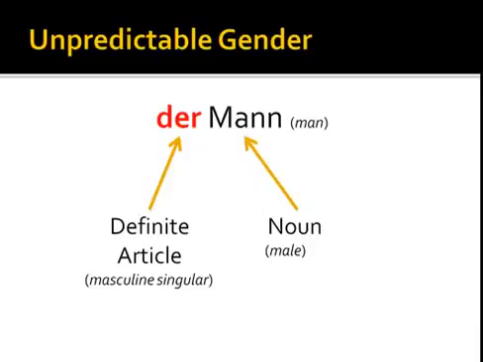Now, we're talking about a man, and logically, the man is going to be male. And in this sense, German supports us in our assumption. The definite article is masculine singular, which indicates that the noun that follows it is going to be masculine singular. And indeed, it's a male that we're talking about, so that makes sense.